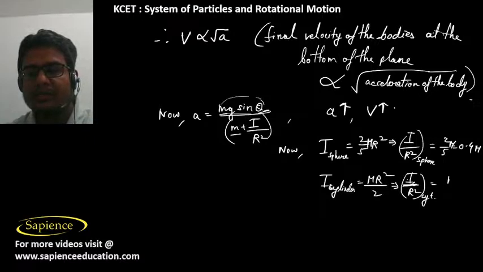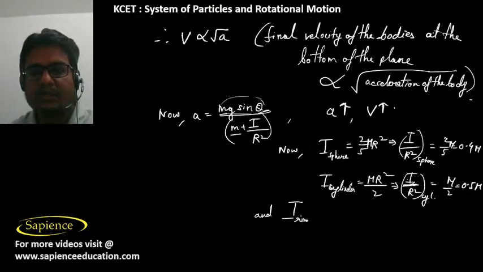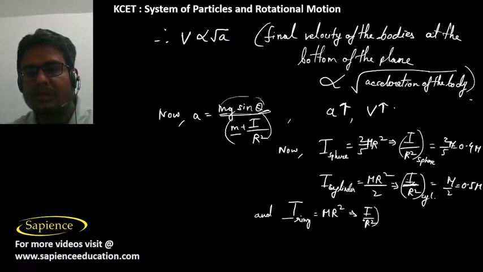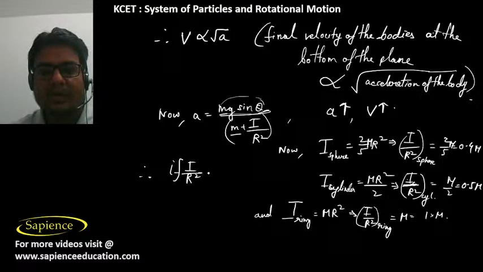And I by r square for the cylinder is m by 2, that is 0.5 m. And the moment of inertia of the ring is mr square, so I by r square for the ring will be equal to simply 1 into m.